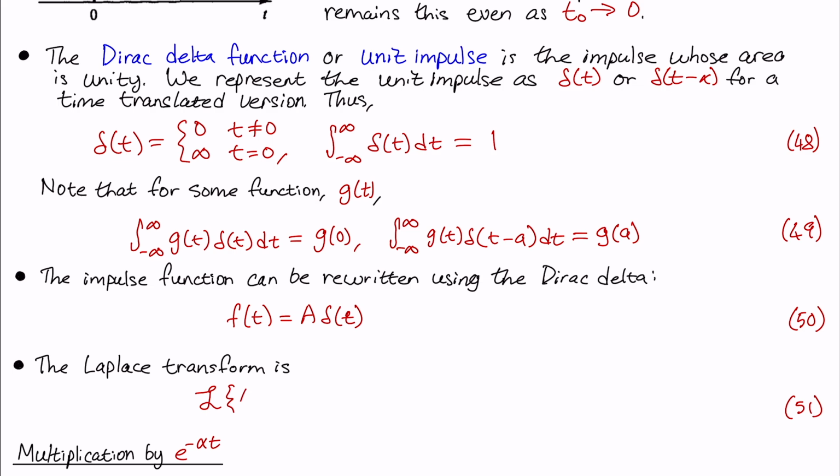The Laplace transform of A delta t: we can pull out the A, so we're going to get just the Laplace transform of the Dirac delta. And the nice thing about this is that the Laplace transform of the Dirac delta is just 1. And so we'll get that this is equal to A.